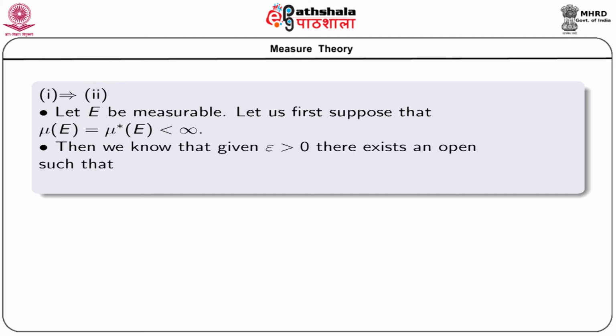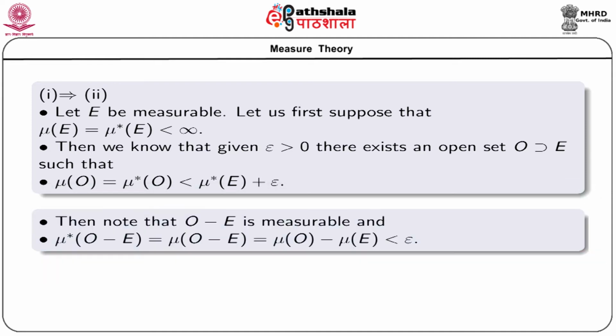Then we know that given epsilon greater than 0, we can find an open set O containing E such that the set O has this property that mu of O equal to mu star of O is less than mu star E plus epsilon.